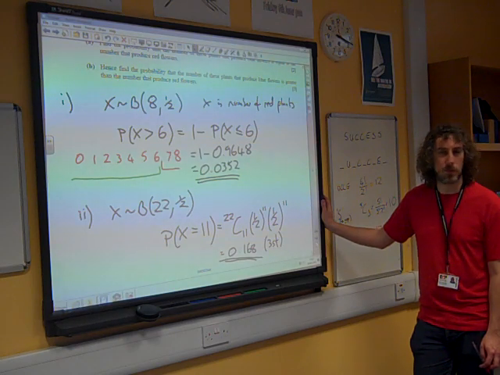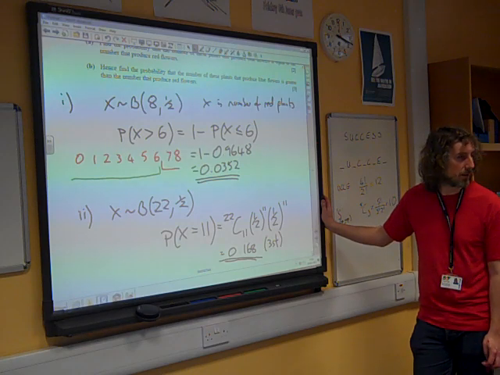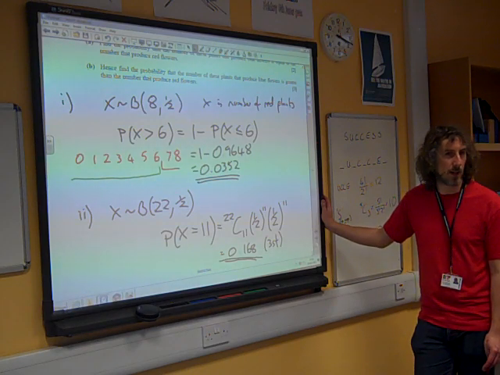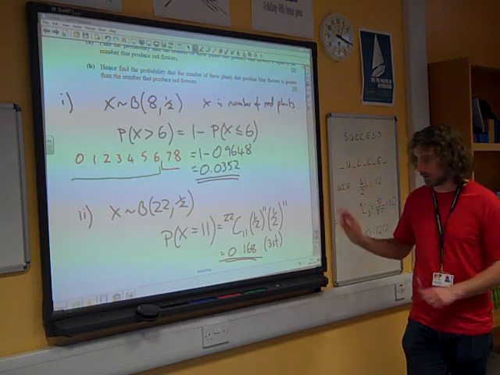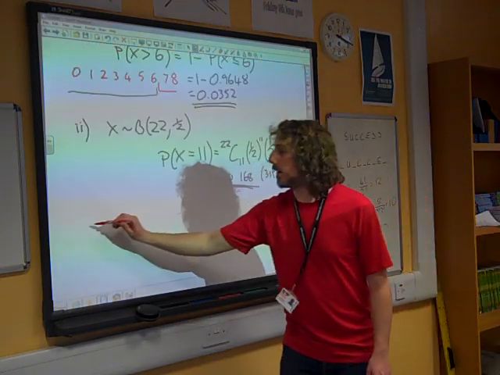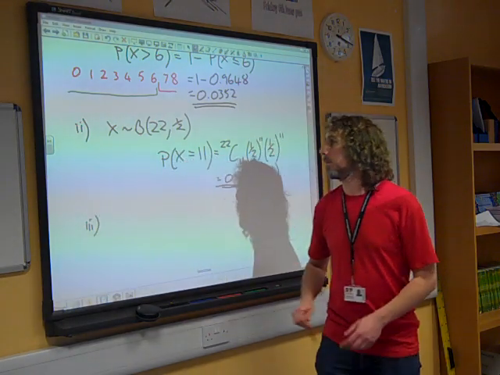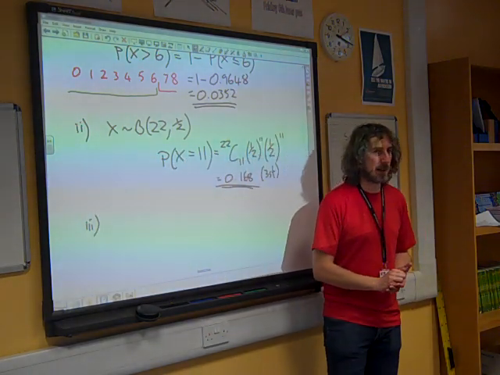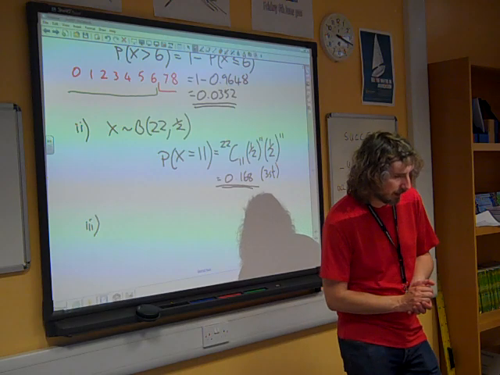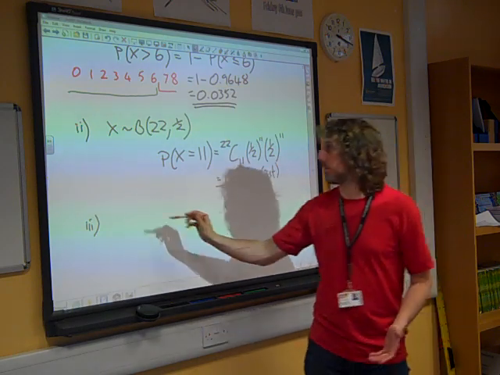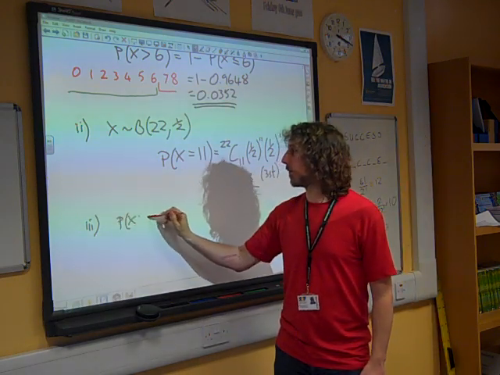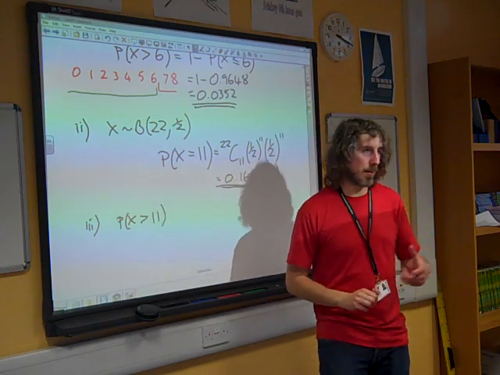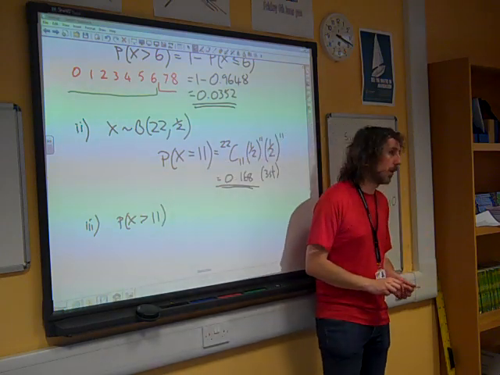We could ignore that word hence and launch into working out what's going on with this. The question is saying that X has to be greater than 11.